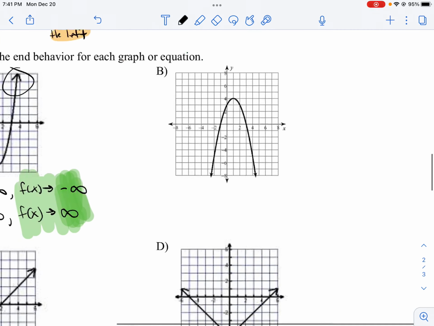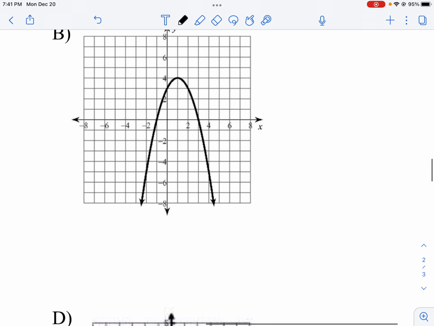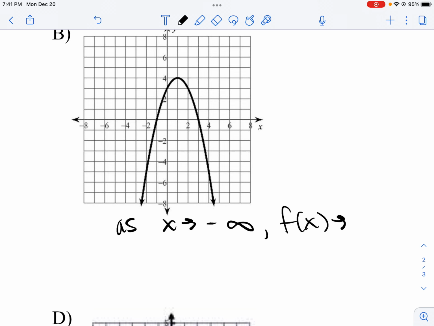Same thing here, so let's do it again. So as x is going to the left, your y is going where? As we go further left, what is our graph doing? Going up or going down? Down. Okay, what about as we go to the right? What's our graph doing?